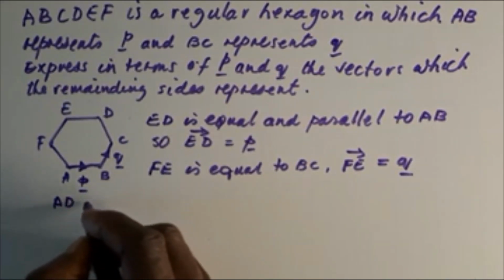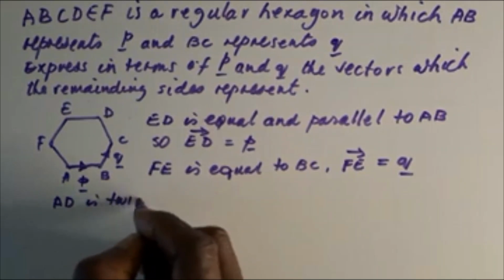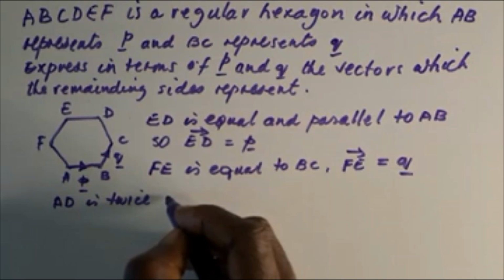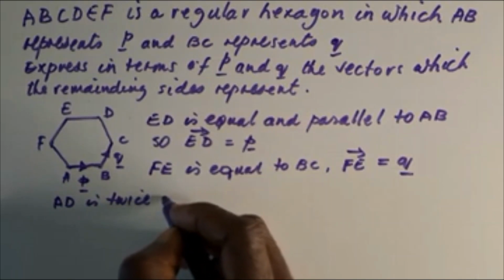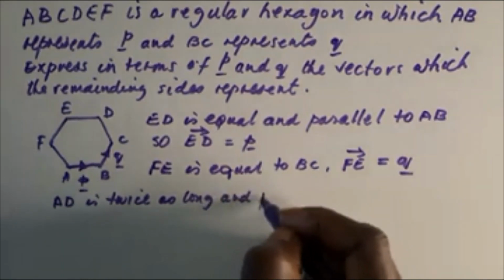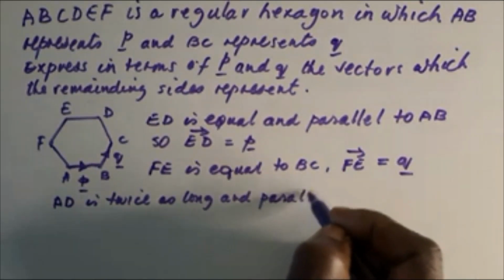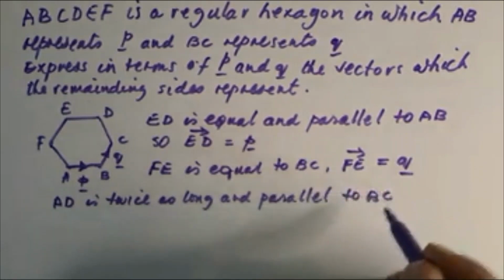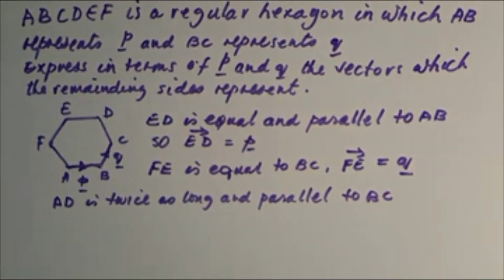Now AD, again it's a length, is twice as long, and it's also parallel to BC. Why is this so?